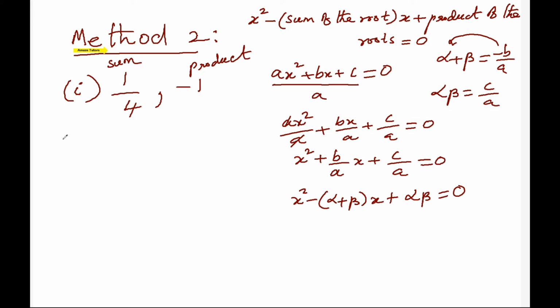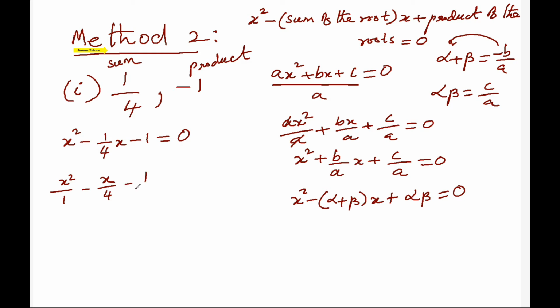Now let me substitute: x squared minus alpha plus beta, 1 by 4, x plus alpha beta, negative 1. Let me directly write negative 1, which is equal to 0. The right side is 0 because that is the quadratic equation formula. Now to get rid of the denominator 4, take the LCM. The LCM will be 4.